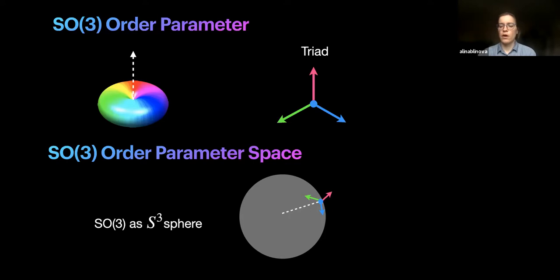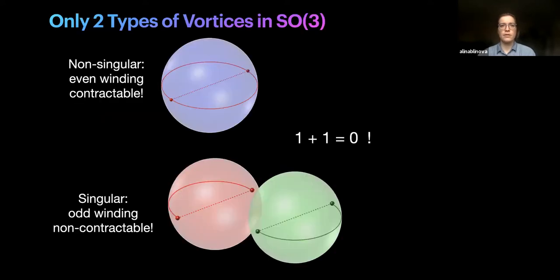Now, a vortex is characterized by whether a loop mapped from the Bose-Einstein condensate to the order parameter space is contractible down to 0 or not.